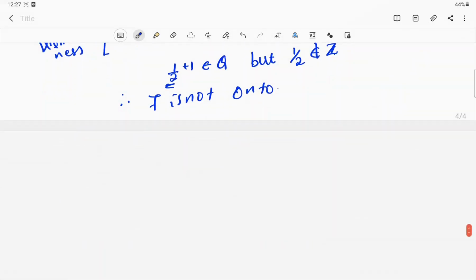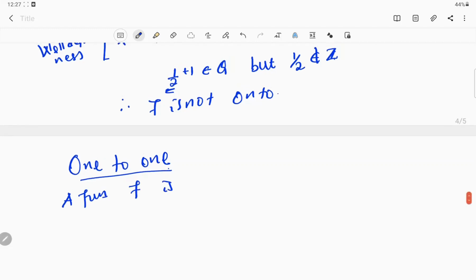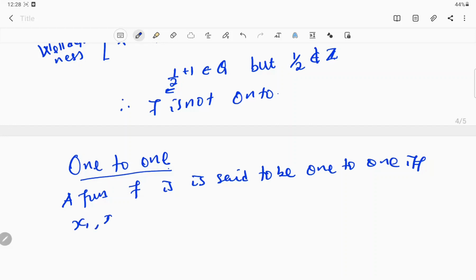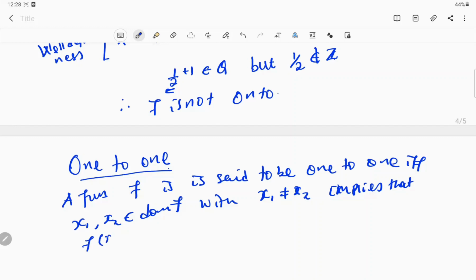Now, the second one is one-to-oneness. We say a function f is said to be one-to-one if and only if for x1, x2 in the domain of f, x1 different from x2 implies that f(x1) is not equal to f(x2).